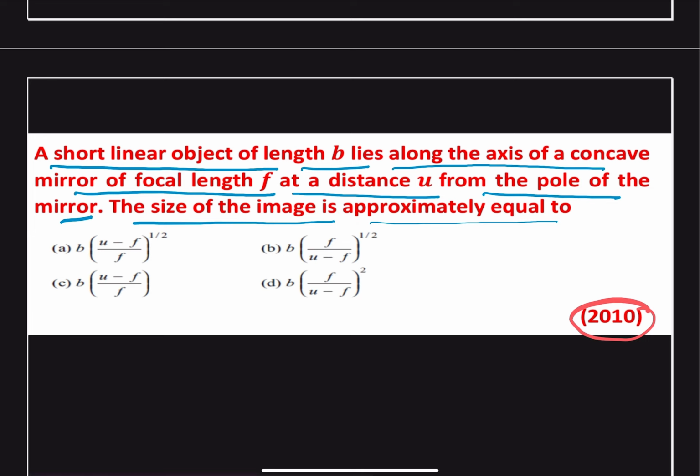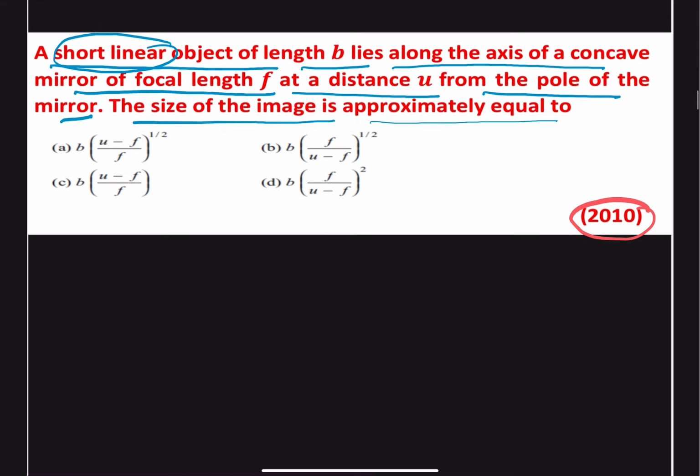And in this case, we are given that the object is a short linear object. If the size of the object is short, then we can say that the magnification is going to vary linearly with the distance from the pole. Okay. So that's why this term is mentioned here, short linear object.